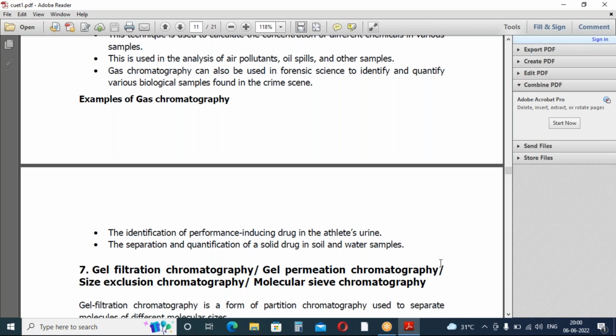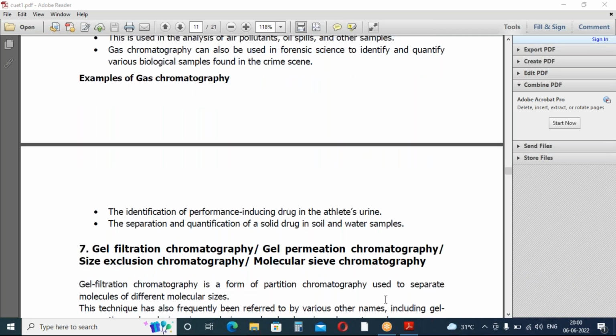Next, coming to gel filtration chromatography, this is a type of partition chromatography. Partition means dividing, and here the molecules are divided based on molecular size. Components containing different molecular sizes can be separated using this technique.